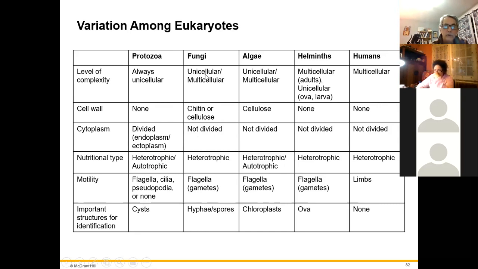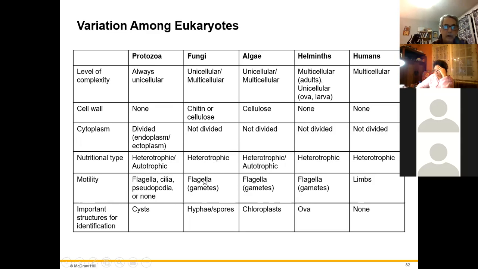Fungi can be single-celled or multicellular. Cell walls are chitin. Cytoplasm is not divided; that's only seen in some protozoa. The nutritional type for fungi is heterotroph; they can live on a variety of food sources.